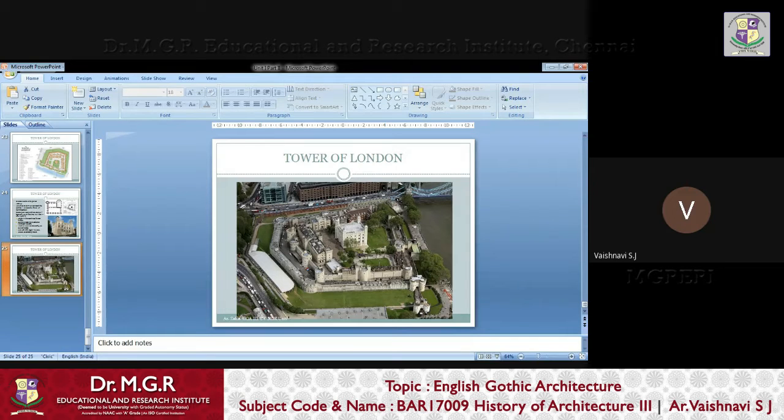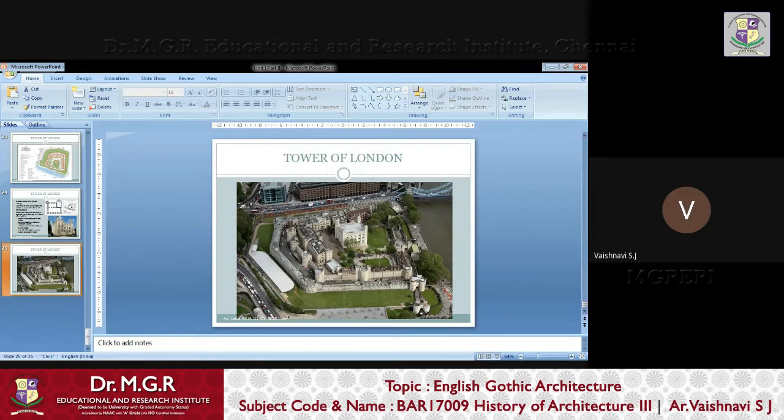Not only in England, we have a lot of fortified walls in the castles which were built during the Pallava period, Chola period. All those times we had moats surrounding the castles. So this will be a portion which will slow down the opposite person who is coming for war.